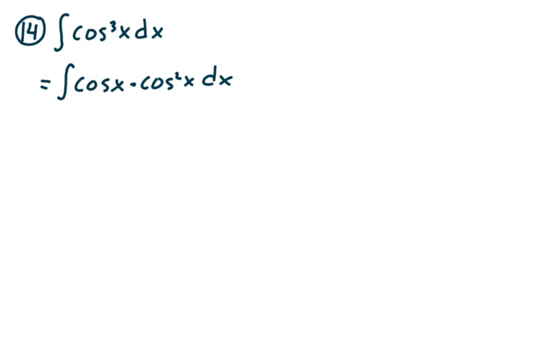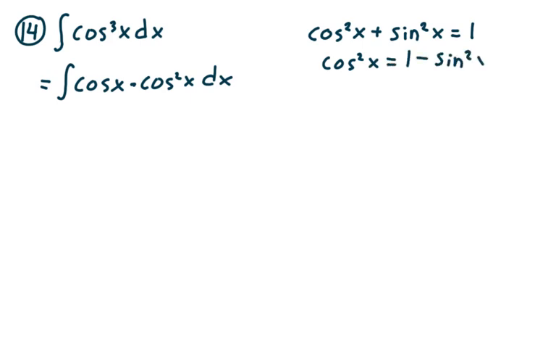Now, let's come over here. Cosine squared x plus sine squared x equals 1. If I solve for cosine squared x, I get 1 minus sine squared x. Now, why would I do that?